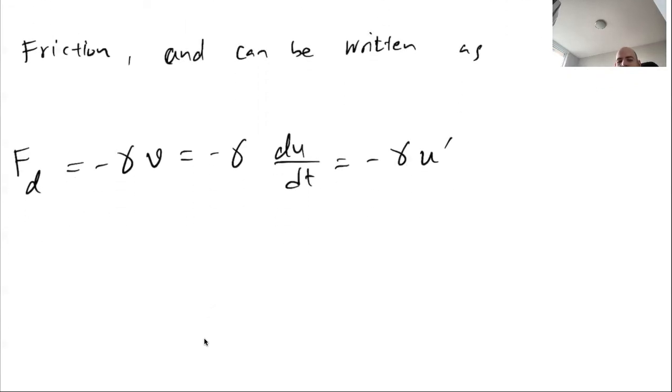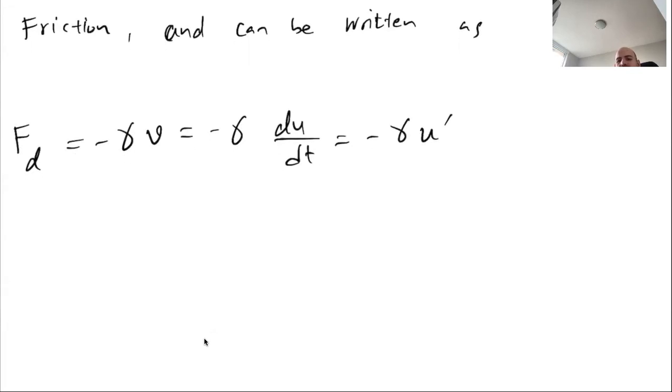And what is gamma? Gamma is a constant called the damping coefficient. So it depends on the material. And in practice, we have friction as well. So we have a damping force.